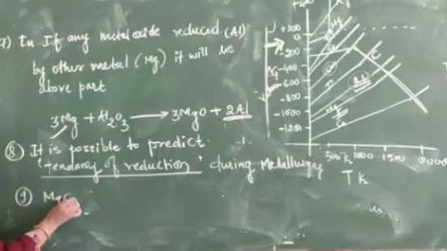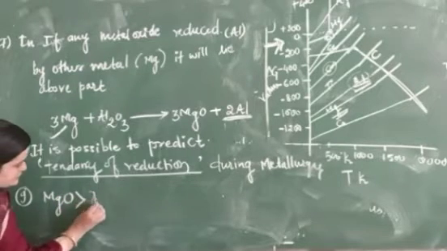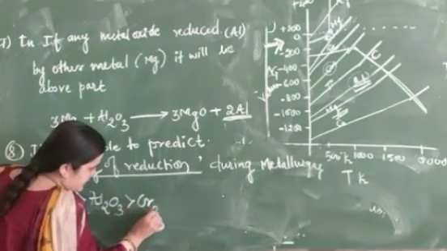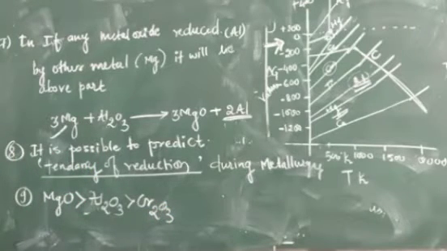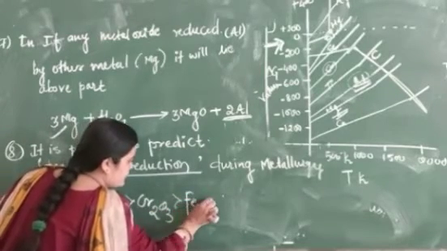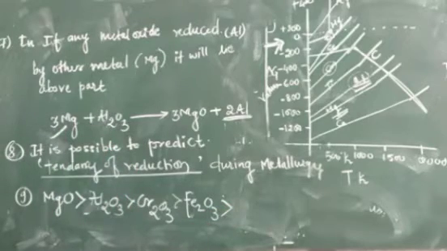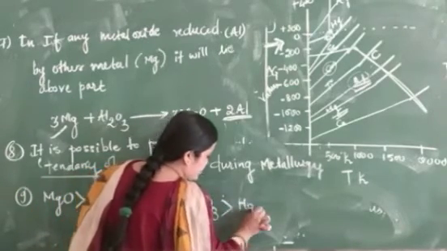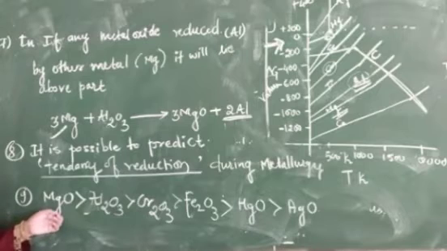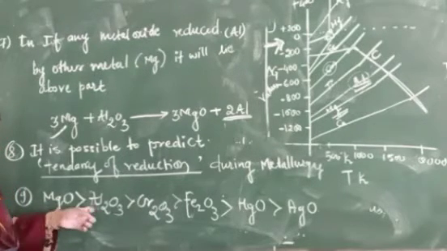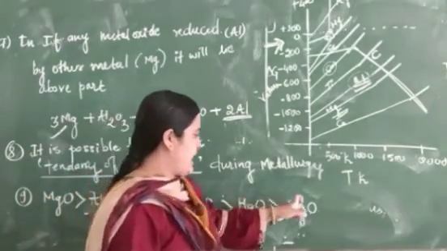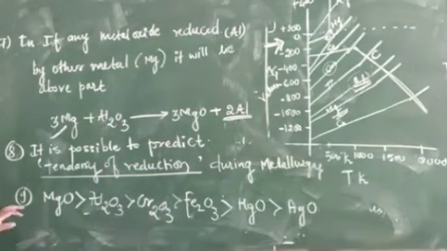The relative stability of metal oxides is given by MgO, Al2O3, Cr2O3, Fe2O3, HgO and Ag2O. From the equilibrium diagram, the stability of MgO is more than that of Al2O3, Al2O3 is more than Cr2O3, Cr2O3 is more than Fe2O3, Fe2O3 is more than HgO, and HgO is more than Ag2O. Okay, these are the 9 points.